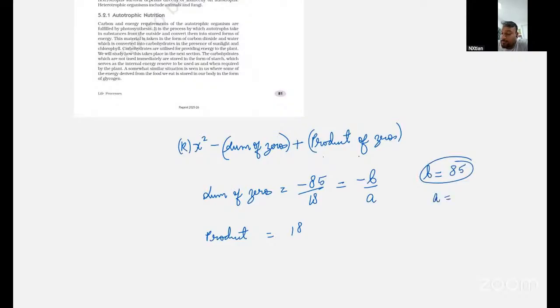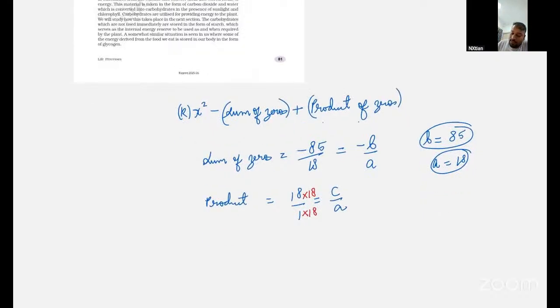But when I compare with c by a, c is 18 and a is 1, so it's not equal. So what will I do? I will multiply this with 18, so that a will also become 18.